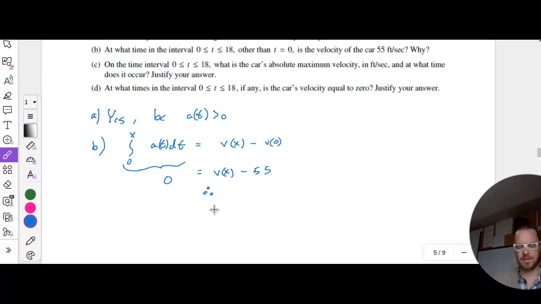So this is going to happen when t equals 12, because I want that integration to be 0. So the integral from 0 to 12 of a of t dt is going to be equal to 0. And you can see the picture up above where I drew that to show that.